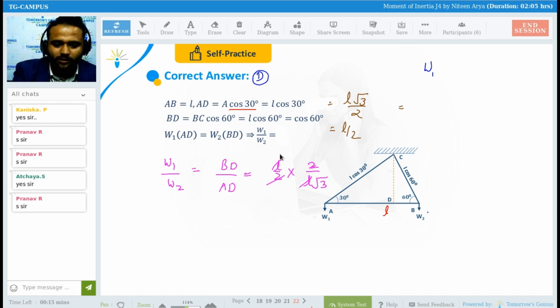When we do this, mg is going to be cancelled out, and basically we want to find this ratio of W1 and W2, so we need the length ratio. So that is 1 by root 3. Clear everyone?